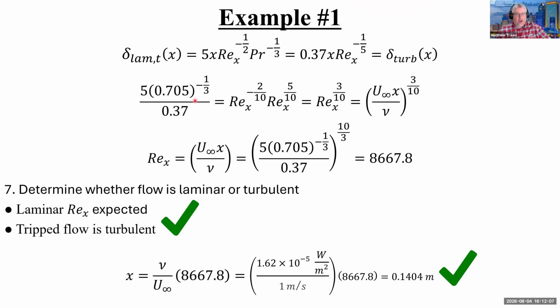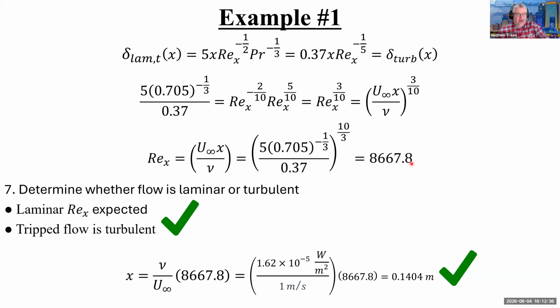And what I end up with is that the Reynolds number is equal to all this stuff, right? 5 times the Prandtl number to the minus 1/3 divided by 0.037 raised to the 10 over 3. Weird exponent, but it comes from the fact that I'm basically combining this Reynolds number exponent with this Reynolds number exponent. And what I end up with is 8,667.8.